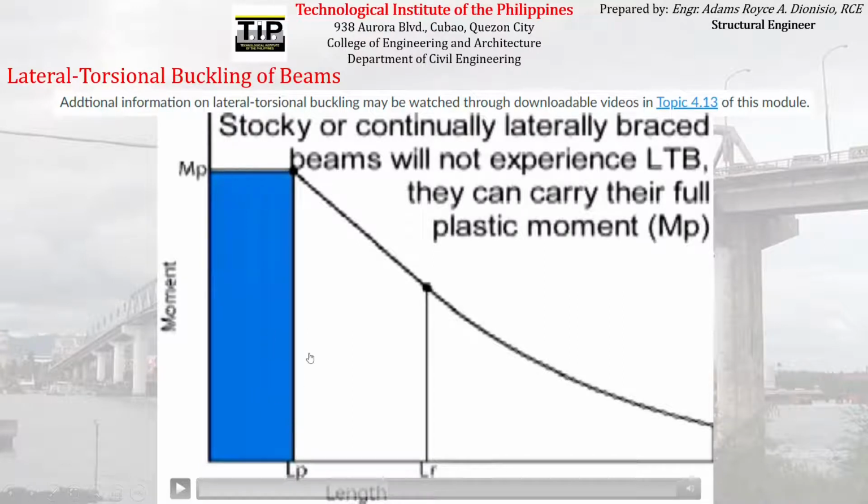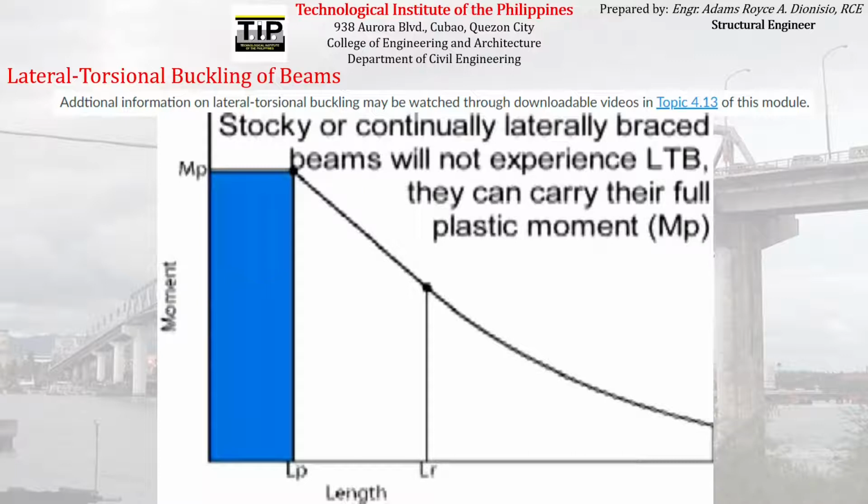Pero makikita mo dyan, pag lumagpas na dun sa certain magnitude of spacing of the bracing, you can see, nagkakaroon ng trend na nagdi-decrease. Nagdi-decrease na yung moment capacity ng beam natin habang lumalaki pa yung spacing between one lateral bracing to the other. So, ibig sabihin lang nun, merong efficient magnitude of lateral bracings.